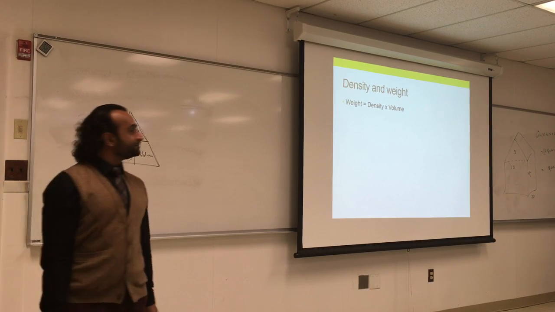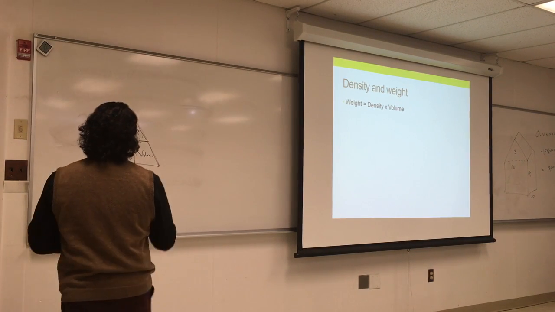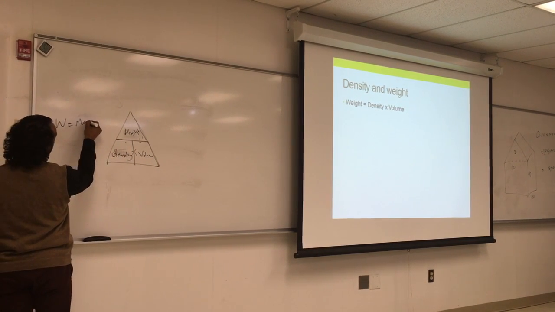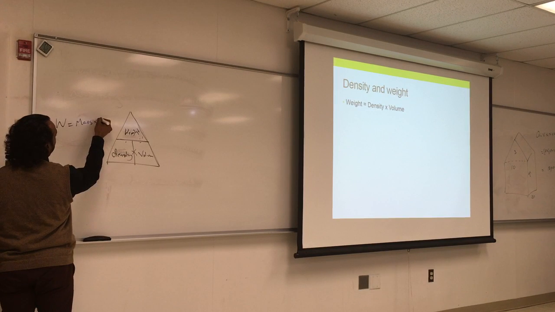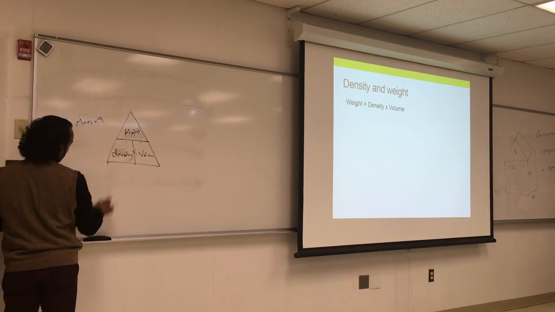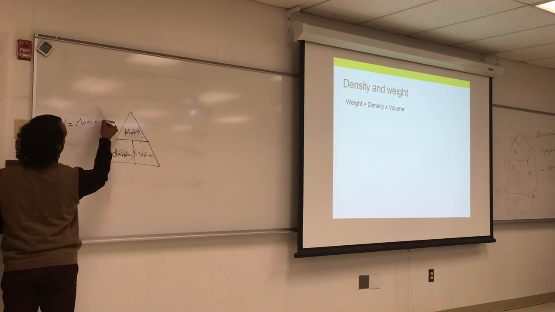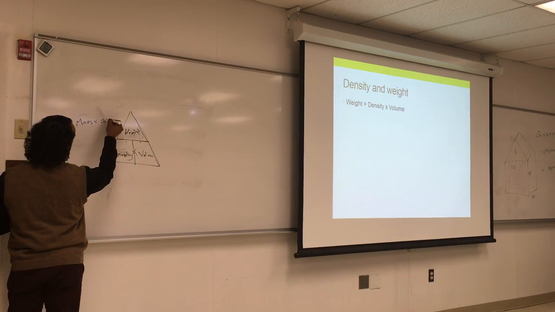If we say mass times gravity, it's going to just confuse people, 9.81. Let's just keep it simple.